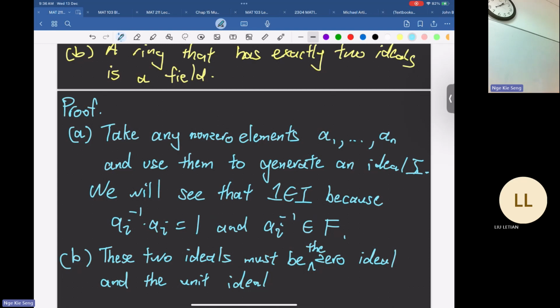If 1 equals 0, then it is a zero ring, and a zero ring is not a field. So if you have exactly two ideals, they must be the zero ideal and the unit ideal. But how to prove that your ring that has the unit ideal and zero ideal is a field?